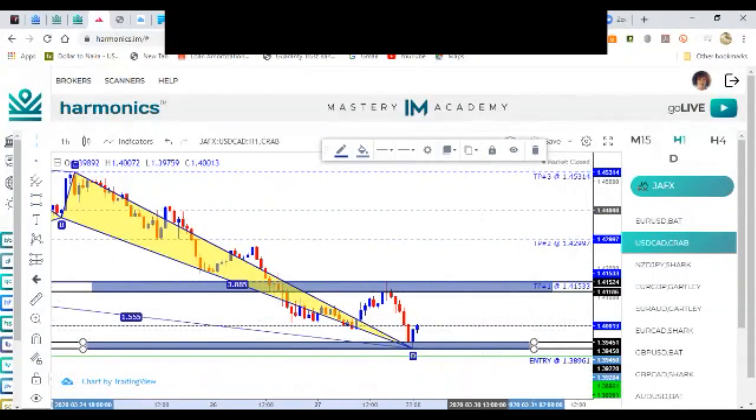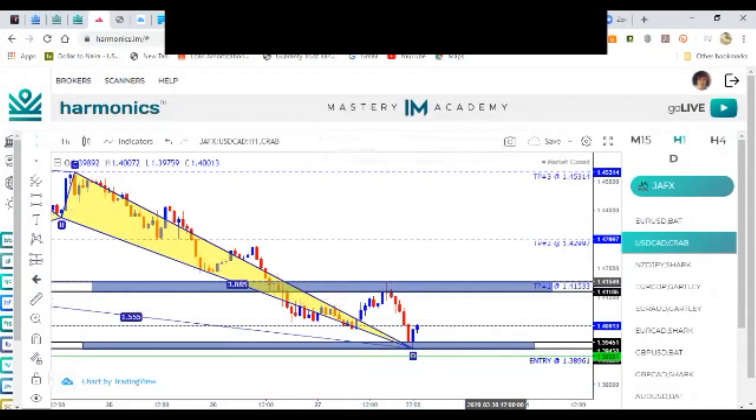For my upper zone, I'm writing it down. For my upper zone, I have 1.41549. And then the second line is 1.41186. I've written those two now. For my lower zone, I have those two black lines.